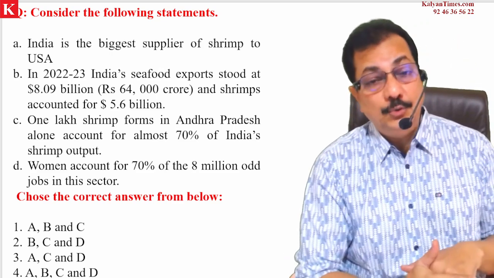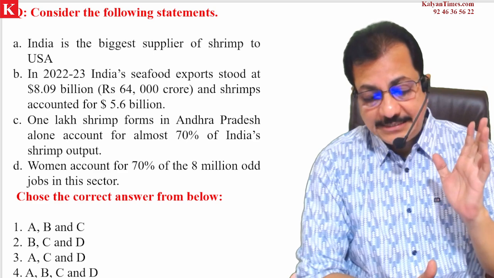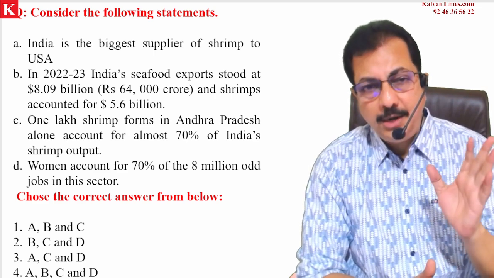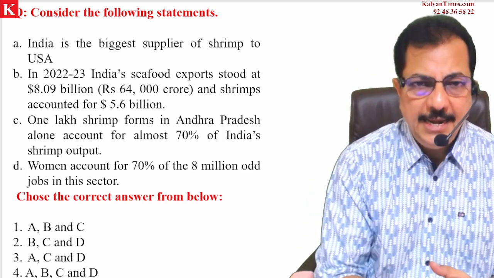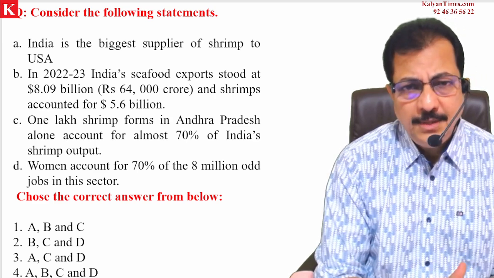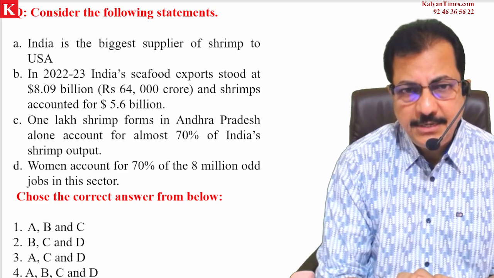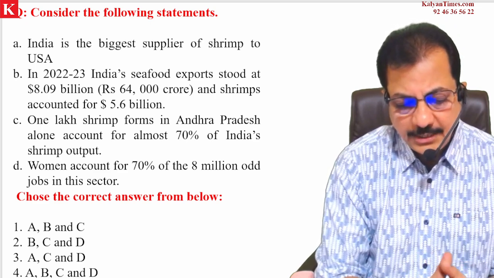And when it comes to D, women account for 70% of the 8 million odd jobs in this sector. So in this sector you have 8 million odd jobs, meaning out of this 8 million, 70% are women. Clear? So now choose the correct answer.